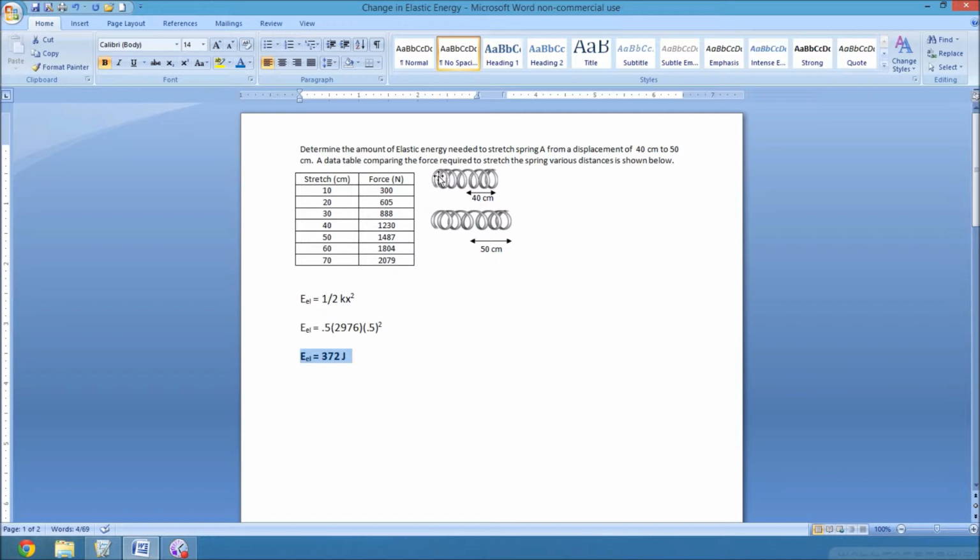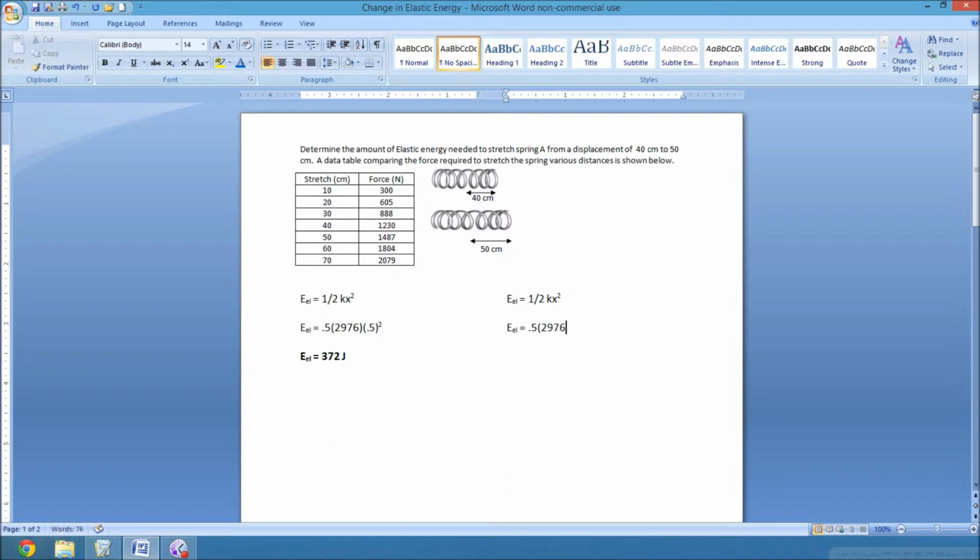Now let's find out what the elastic energy was in the spring before we even started to pull more on it. Elastic energy, 1/2 kx squared. It's doing the same thing we did before. So it's 1/2, and the spring constant is still 2976.